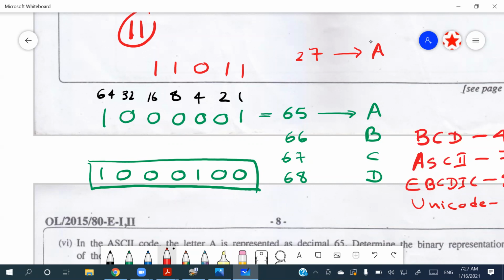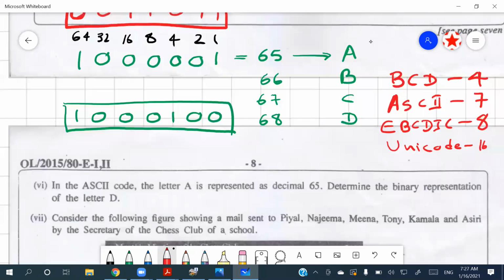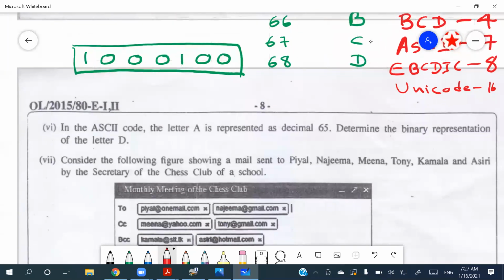But it is not an ASCII representation because it only contains 5 bits. So you have to fill the first 2 bits with 0s. So this particular code will represent 27. If you are asked to represent it in ASCII, in the exam you must use 7 bits. That is a must. Right? Okay, so be careful, because this math is too easy, and in the same way you have more room to make a mistake, right?